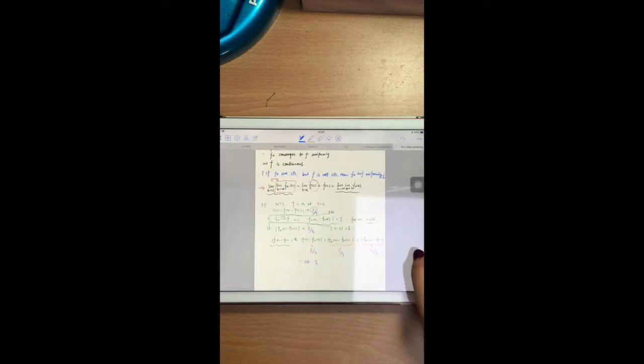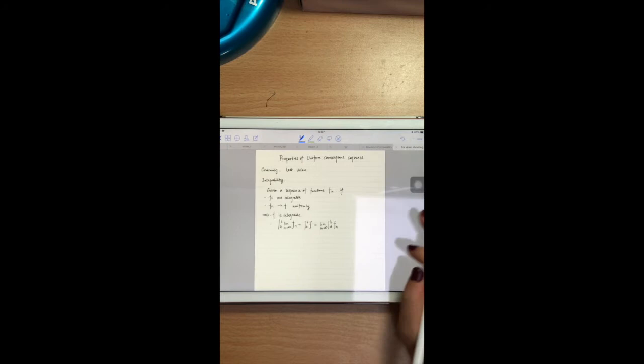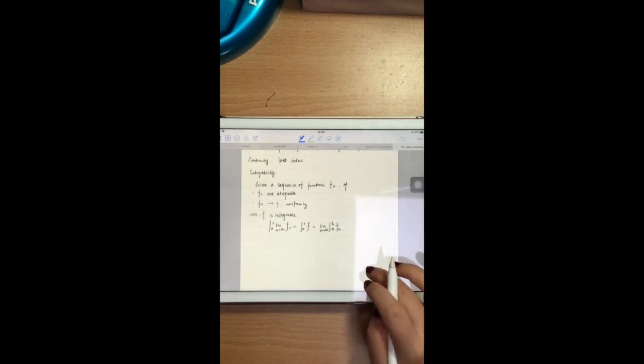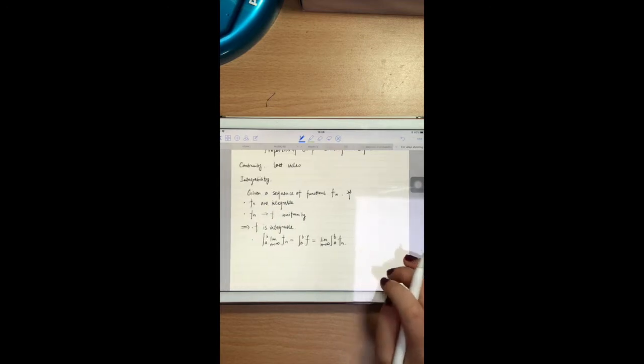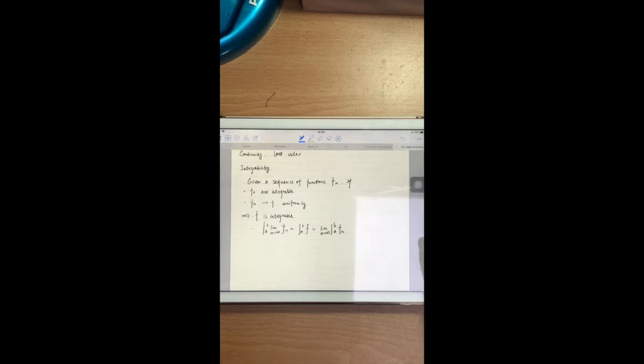Okay, so this is the continuity of the uniformly convergent sequence. The second one is about integrability, right? We basically want to talk about continuity, integrability, and differentiability. But differentiability, I'm probably going to put in the next video.